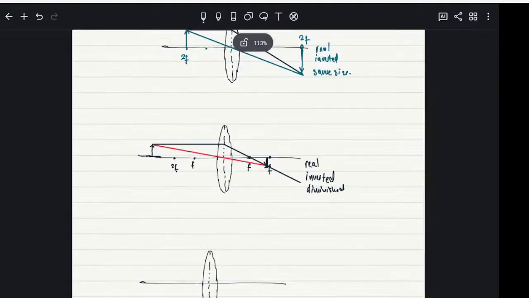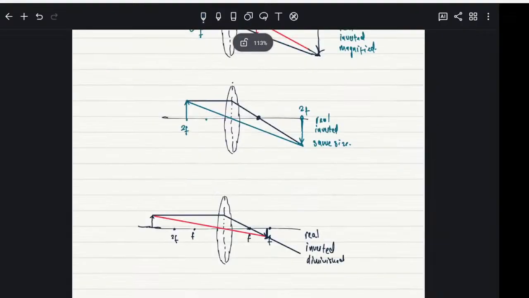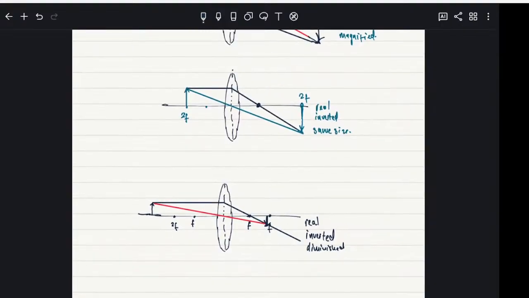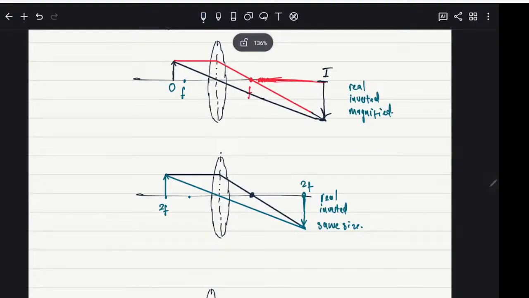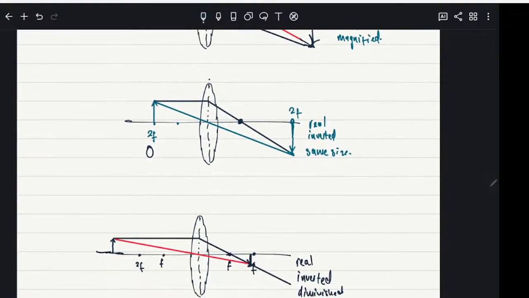Class, don't let me down. Look at the real images. It's only these 3. What I want you to see, the first thing, is where the object is placed. After the first focal length but before the second one, or right at the second one, or after the second one.